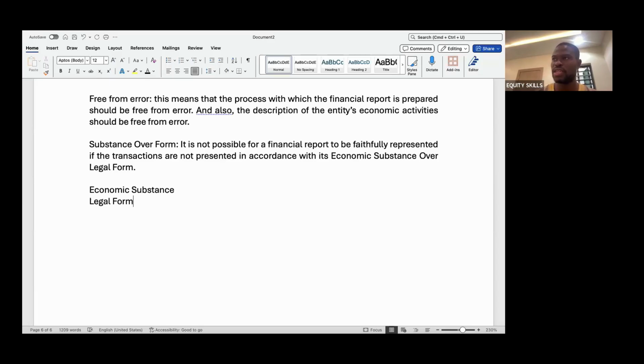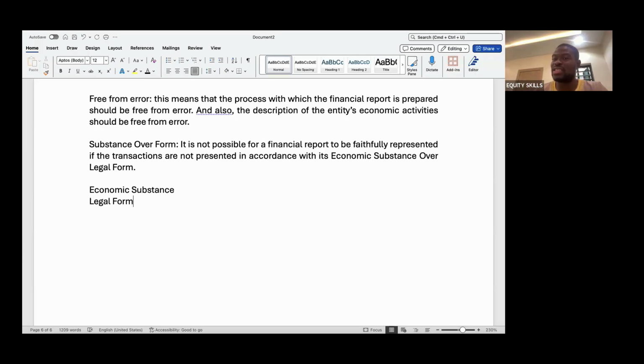Number one is leases. When you lease an asset, the economic substance is that this asset is not your own. You have only borrowed it, right? And also, you are now using the asset to make money for yourself.